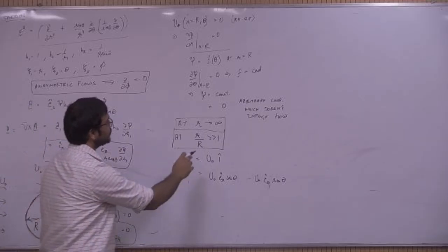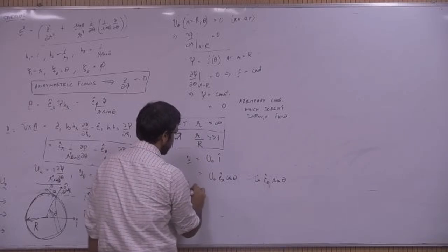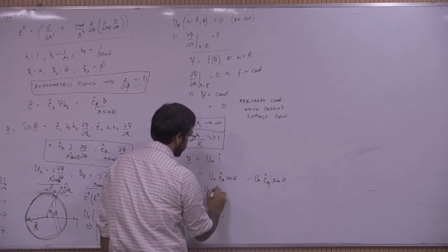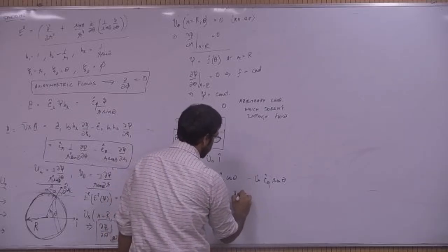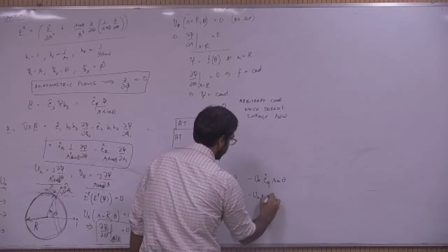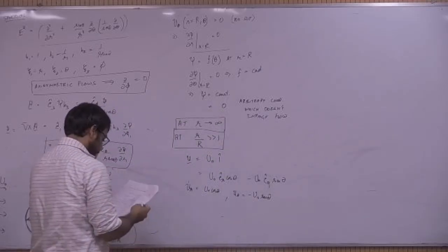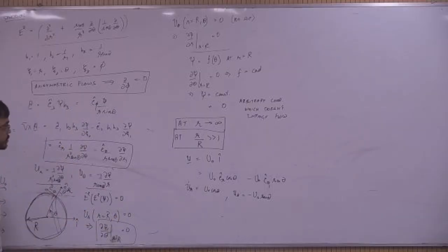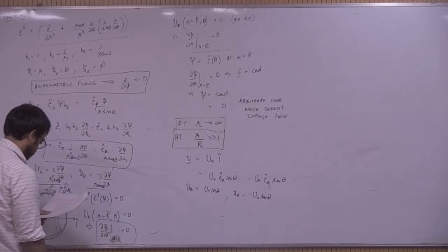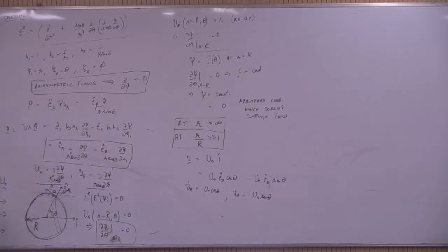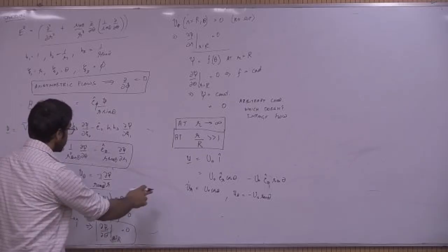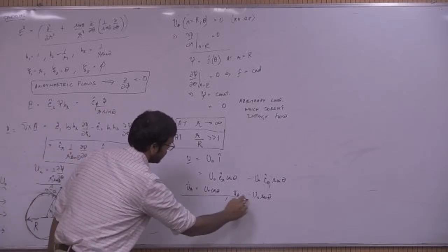Okay. So that means for r tends to infinity, we are saying that the radial velocity is simply u naught cos theta and the tangential velocity is minus u naught sin theta. So now when r is tending to infinity, I am saying this.